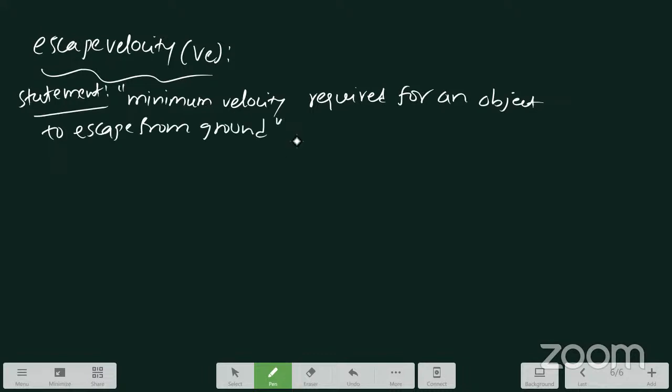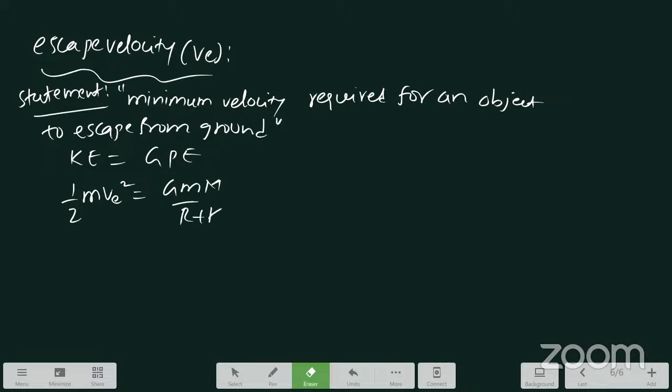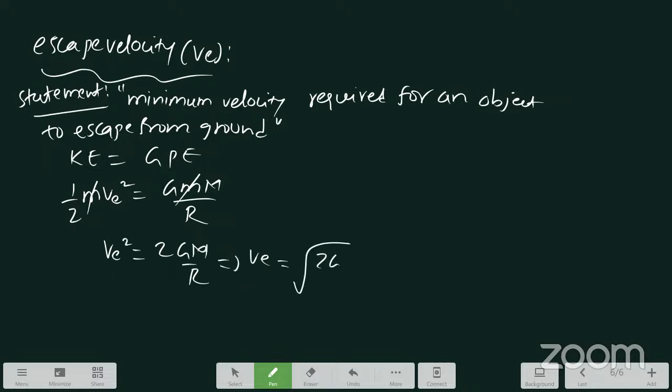Then kinetic energy equals gravitational potential energy. Kinetic energy is half m v square. Gravitational potential energy is GMm by r. m cancels. V square equals 2GM by r. V equals under root of 2GM by r. You know very well GM by r equals gR. Substitute here.